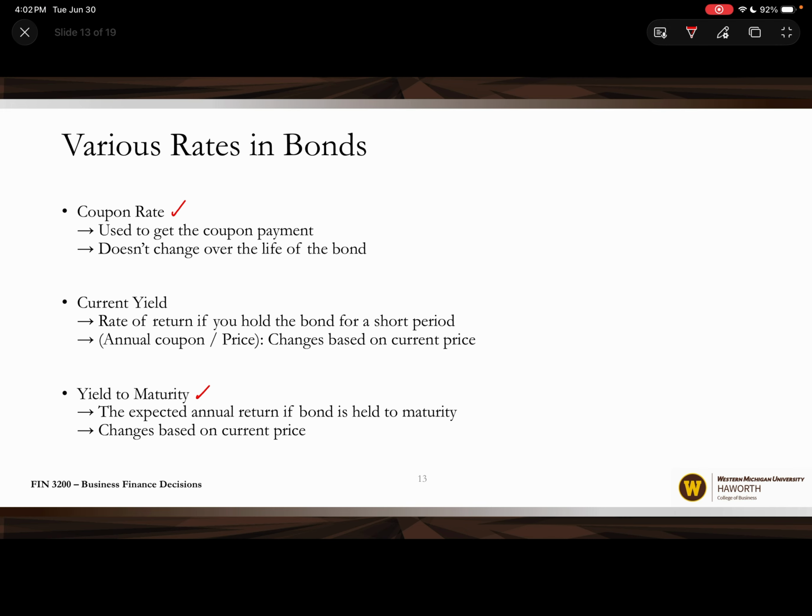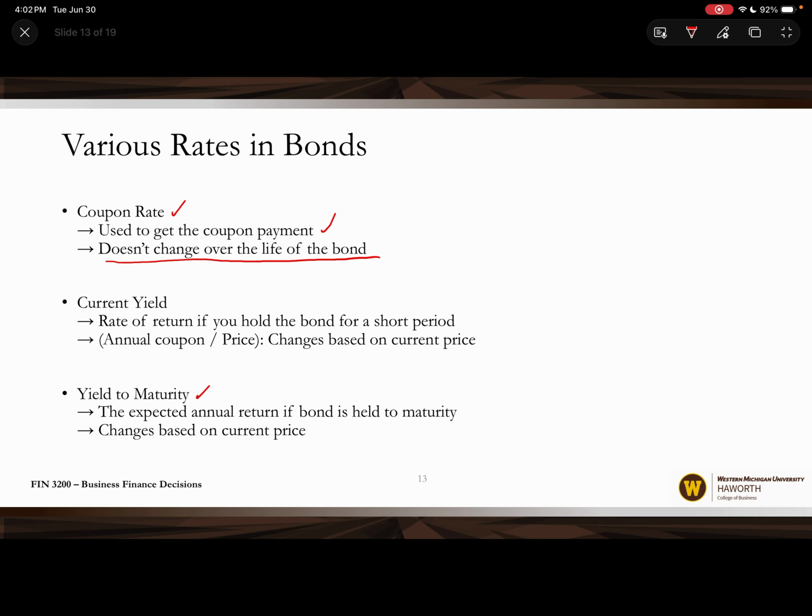Okay, so remember the bond certificate, so that's just the deal. It's used to calculate the coupon payment, and the deal never changes throughout the life of the bond. So the corporations will pay the investors the promised coupon rate because they can't just change the deal.